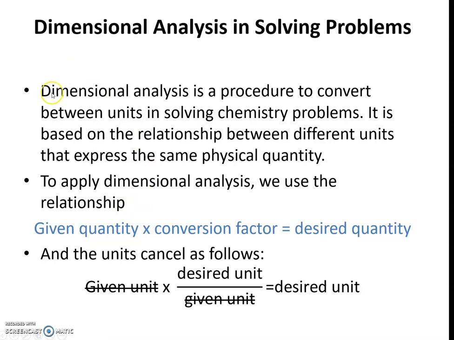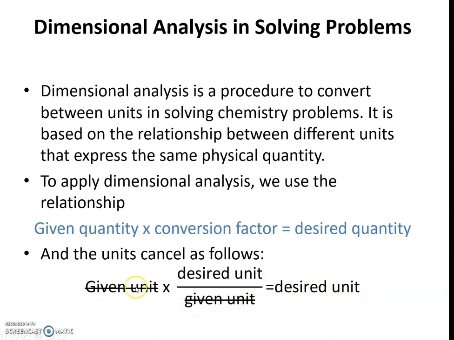So, to apply dimensional analysis here, we use the relationship: given quantity multiplied by the conversion factor to obtain the desired quantity. And units cancel as follows: given unit multiplied by the desired unit over given unit to obtain the desired unit.